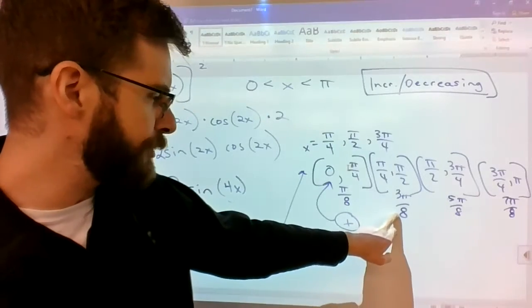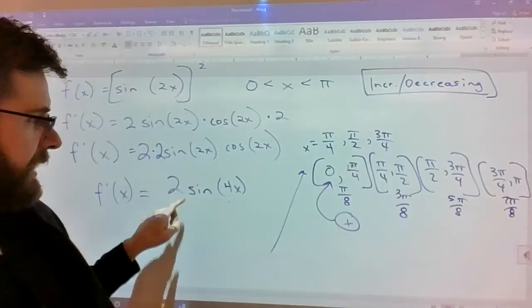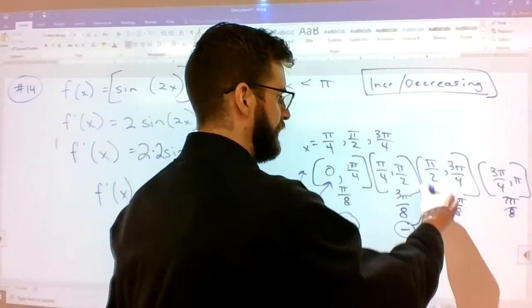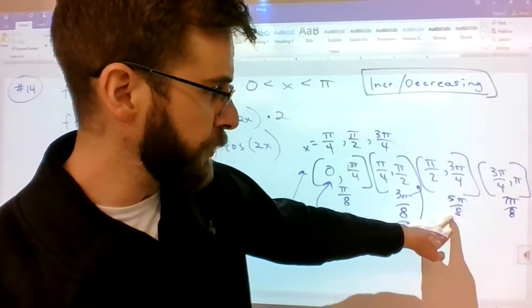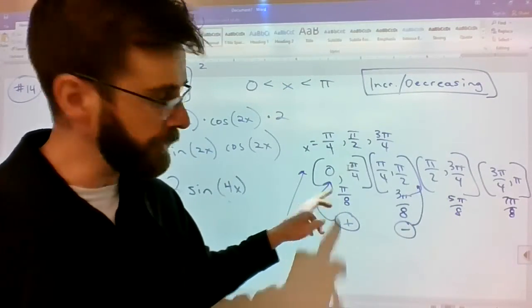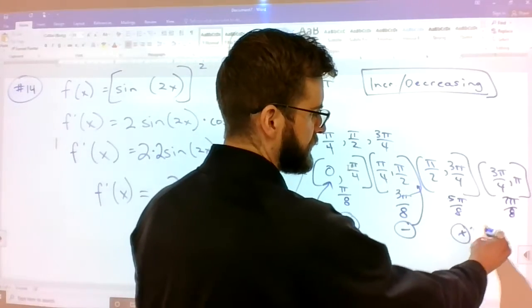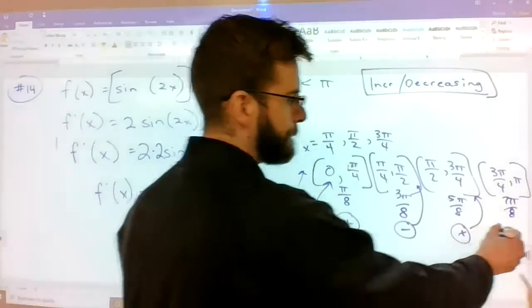This will be cut down to 2. Sine of 3 pi over 2? Negative 1. Negative 1 times 2? That's going to be decreasing. And then when it's 5 pi over 2, you recycle back and it has the same behavior as pi over 2. So this one's going to be plus, and this one recycles the behavior of 3 pi over 8.